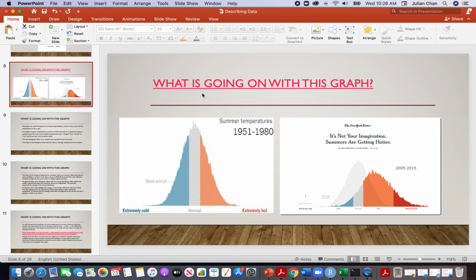And what it lists is the summer temperatures from 1951 to 1980. And then in this graph to the right, you can see that old graph from 1951 to 1980, then the new histogram from 2005 to 2015. It doesn't have a number on the x-axis, which it should, but it's decided to categorize it.